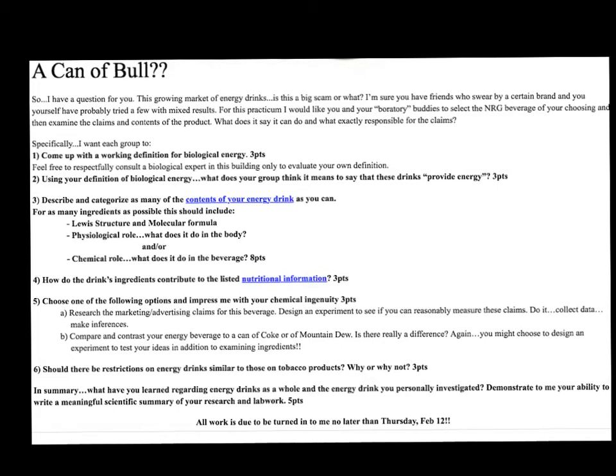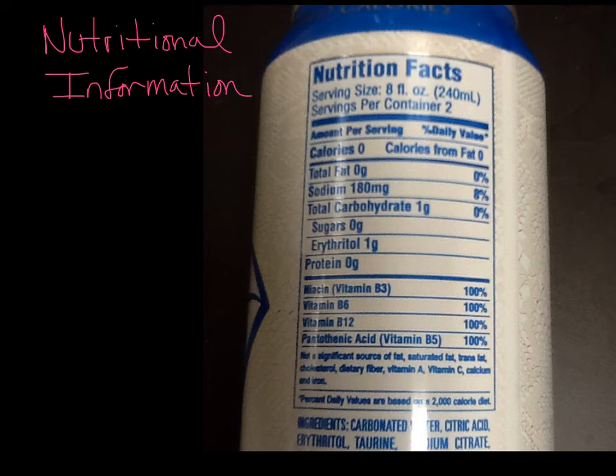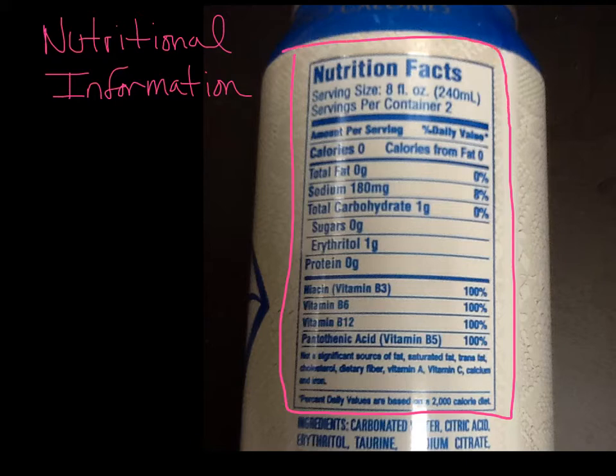The next one is this piece right down here. How do the drink's ingredients contribute to the listed nutritional information? If you look on all of your cans, you have a piece usually right above the ingredients. This is nutritional information, and on the sheet I gave you a link for this also, which talks about what kinds of information you're going to find here.